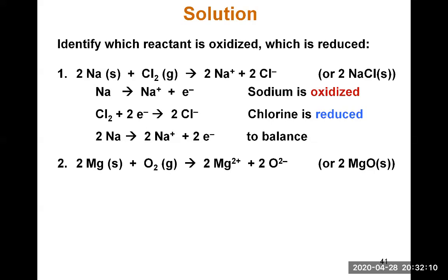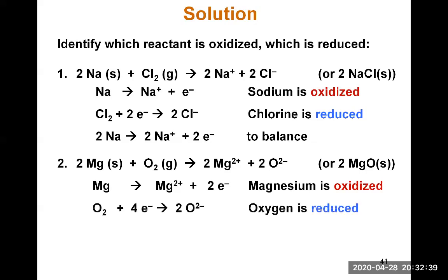So the question is, which reactant is oxidized and which reactant is reduced? Here, the reactant that is oxidized is the magnesium metal, because we see that it becomes Mg2+ on the right side. So magnesium lost 2 electrons to become the 2+ ion. So magnesium is oxidized, and therefore the oxygen is reduced.